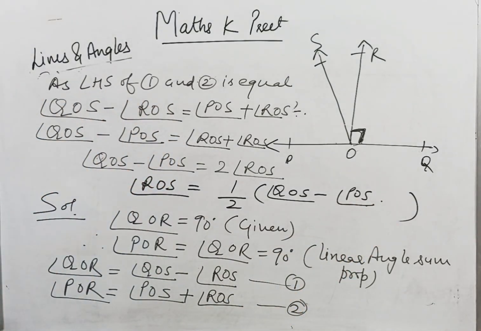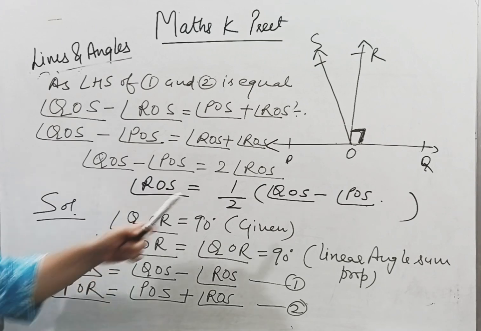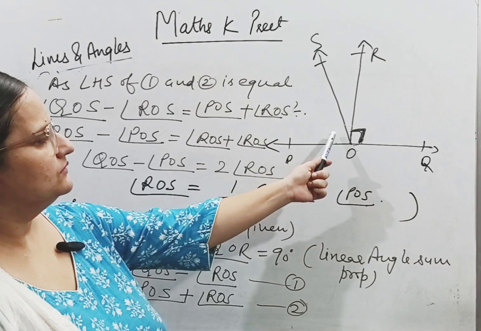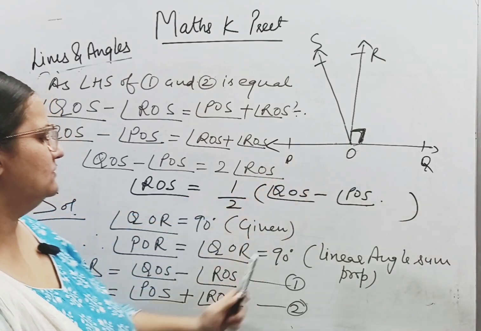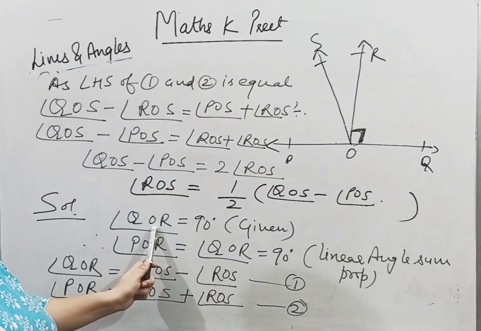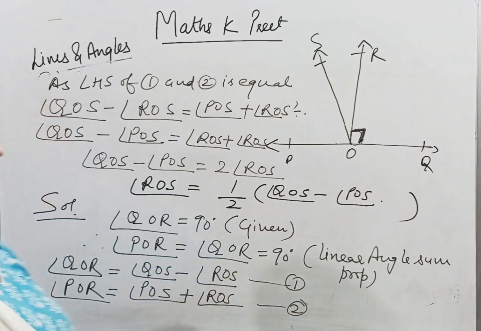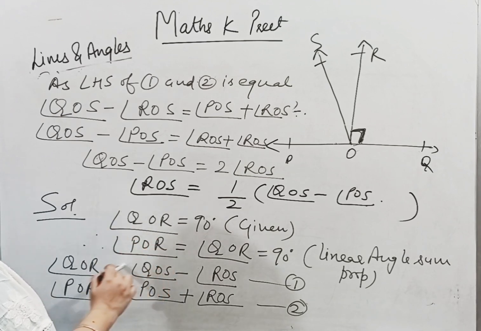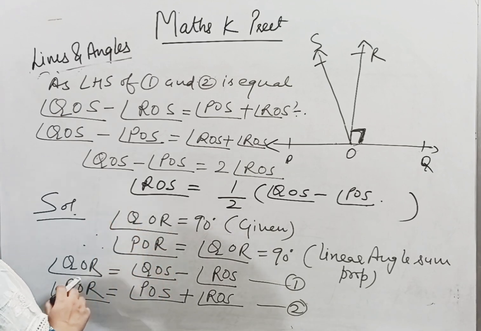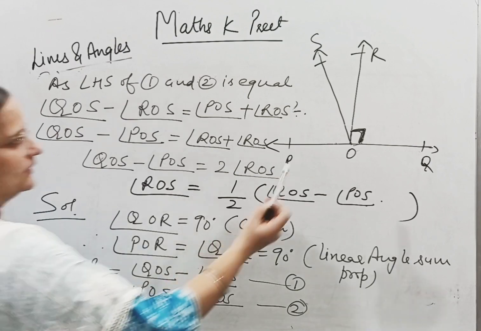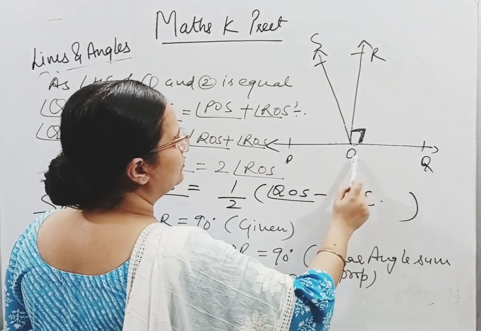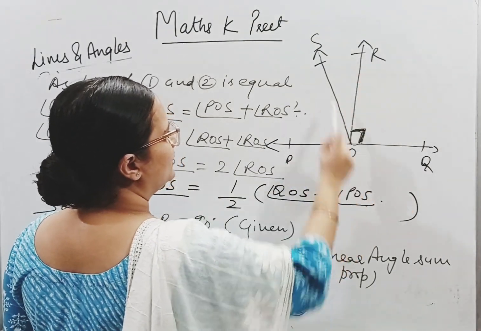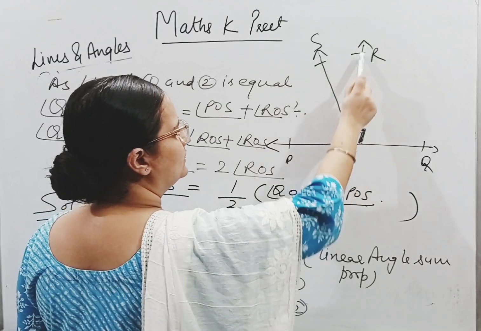What we have done, see again. This angle was given to us as 90 degree. Obviously from the linear pair angle sum property, this angle is also 90 degree, which is equal to the given angle. These two angles can be written in the form of QOR. QOR can be written as QOS minus SOR or ROS.